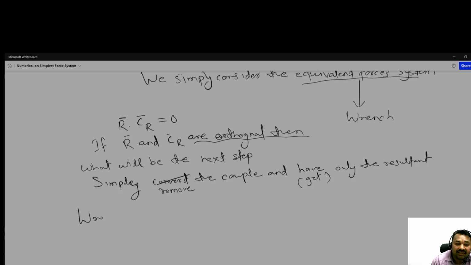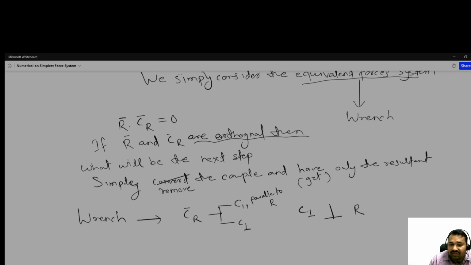When you talk about wrench, then the question comes up of what about the resultant couple, two components like a parallel component and the perpendicular component. So here this perpendicular component C perpendicular is actually perpendicular to the resultant. Okay, not C parallel. C parallel is parallel to the resultant R. Okay, so we do not need to take these components in this case.